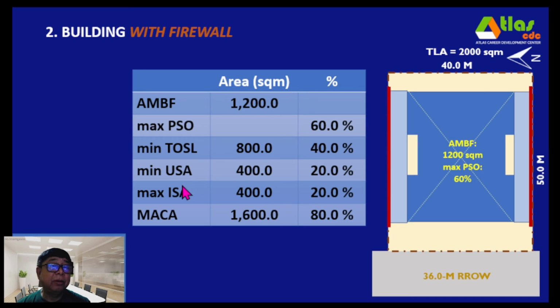So therefore, this one, minimum USA, maximum ISA, and MACA are all from table 8.1 also. Kaya ito, minimum USA, maximum ISA, when you add these two, will be your minimum TOSL of 40%. Nag-jibe yan kasi galing lang sa table 8.1 at nagparehas naman yung minimum TOSL na galing sa table 8.G.6 doon sa minimum TOSL ng table 8.1 din. No?